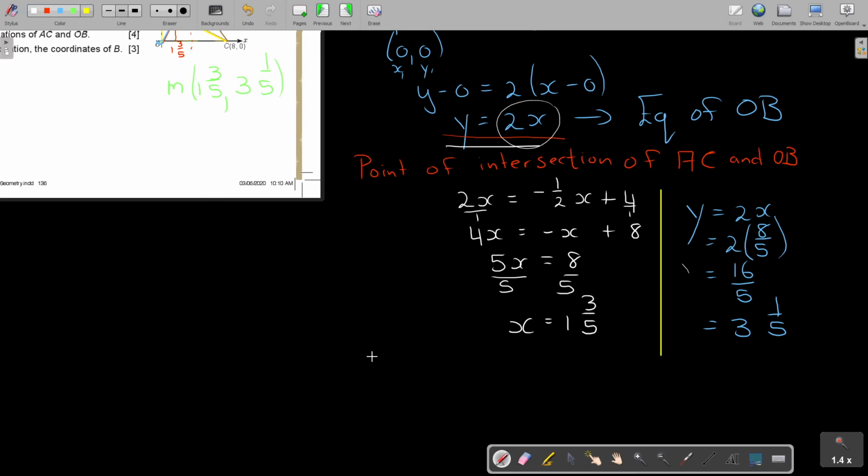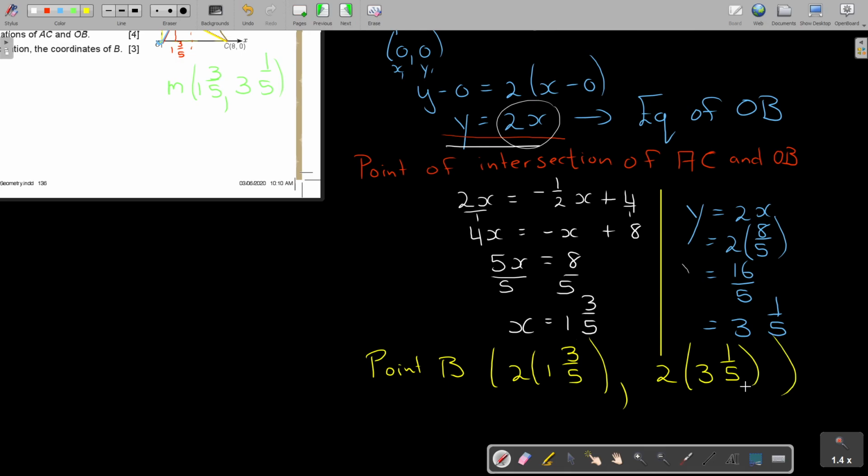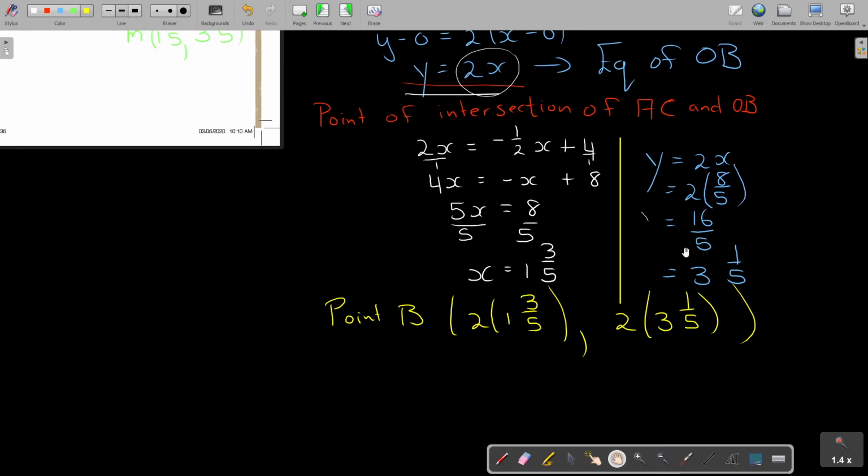So therefore, I can say point B will be double 1 and 3 over 5, and double 3 and 1 over 5. Please don't write it, it's just your in-between step. Go and simplify it now.